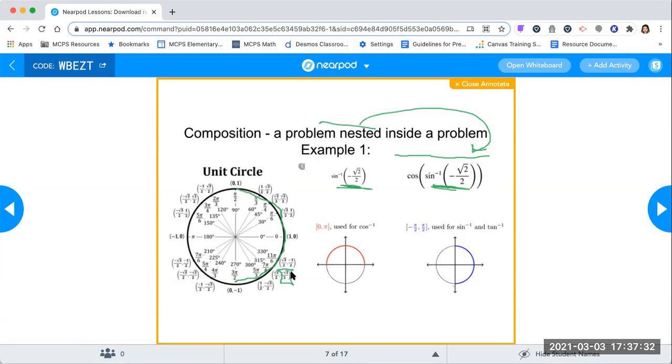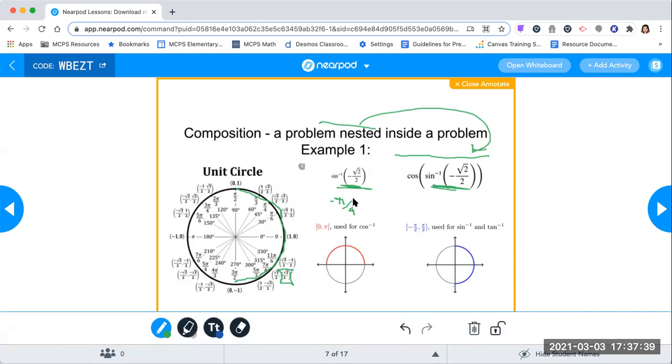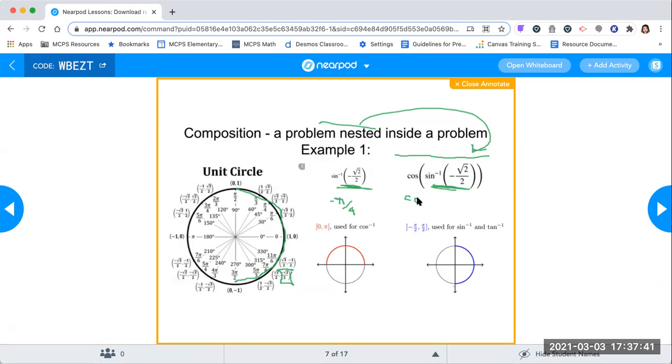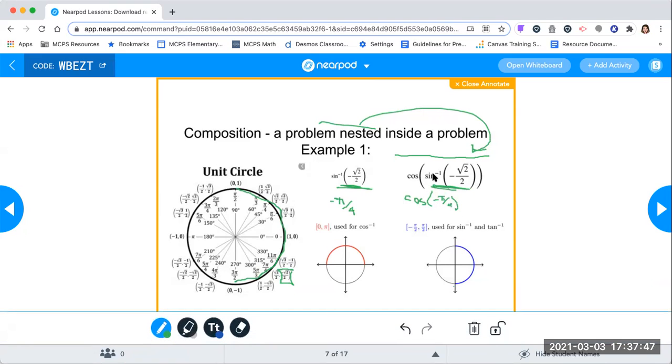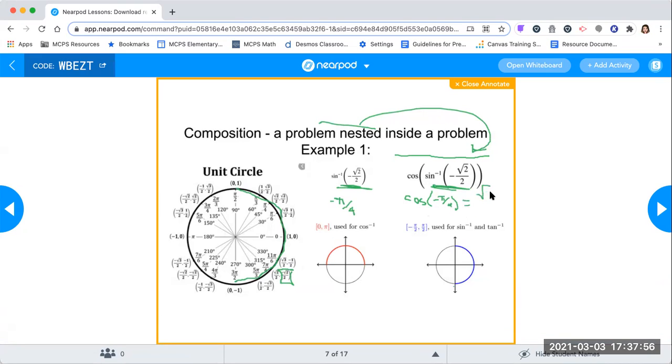It's right here at negative pi over 4. Now that we know the value here, we have to take the cosine of negative pi over 4. Cosine is not a restricted domain the way inverse trig is. So you just look at where you're at, negative pi over 4, and what's the x value there, the cosine, and that's going to be root 2 over 2, and that's it.